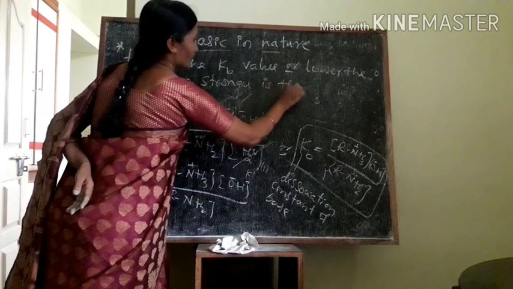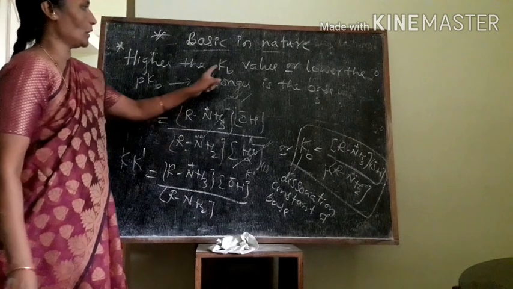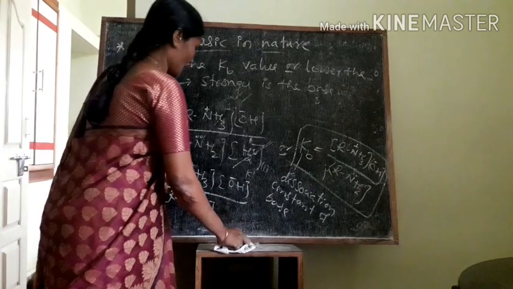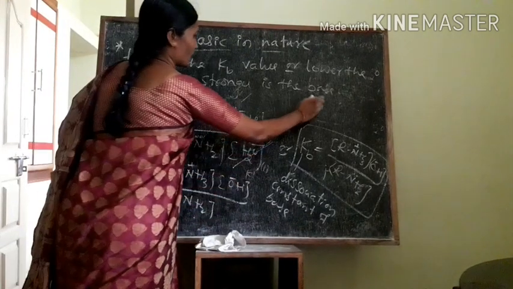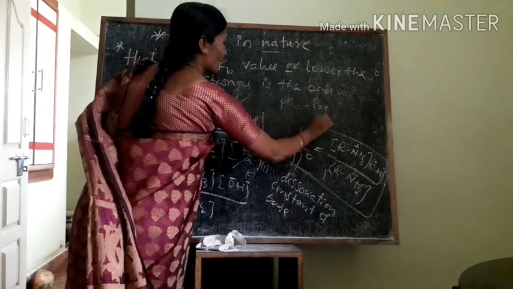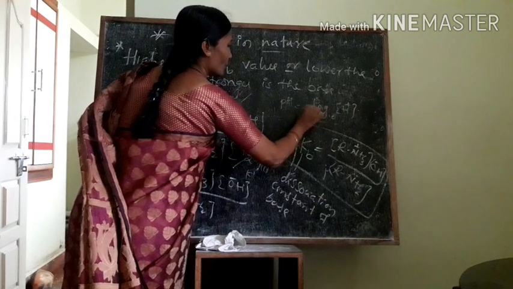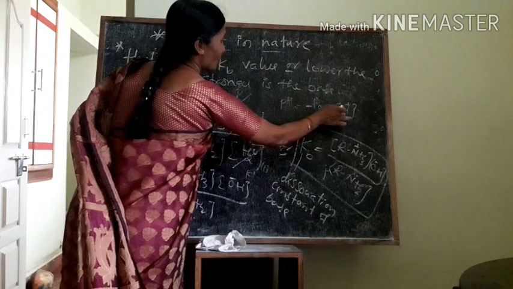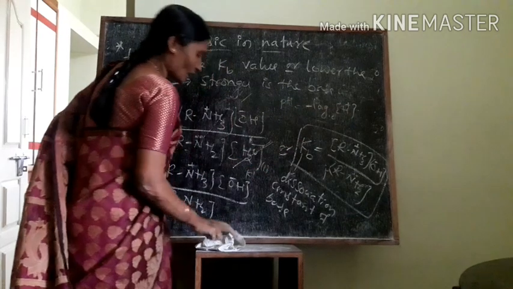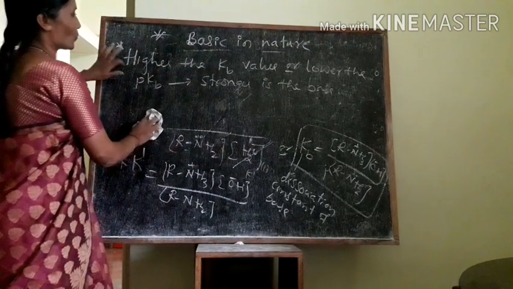Higher Kb or lower pKb means a stronger base. How are Kb and pKb reciprocal? You know from first year equilibrium that pH equals negative logarithm to the base 10 of H+. Because of the negative sign, pH and H+ are reciprocal to each other. Like that, pKa and pKb are reciprocal to the respective dissociation constants. Yes, this point is to be noted.